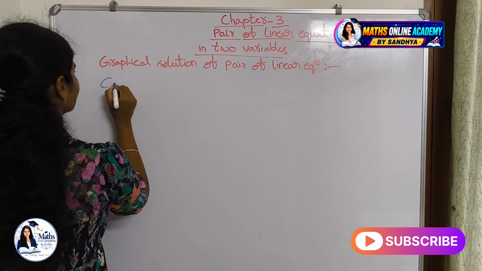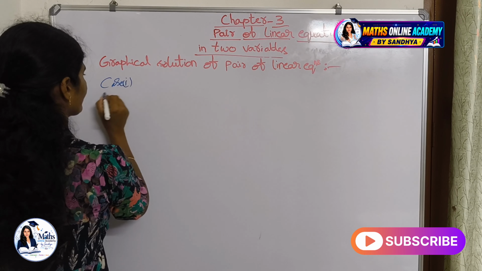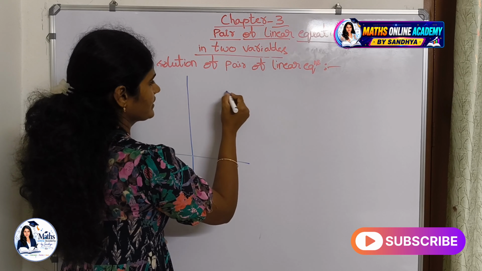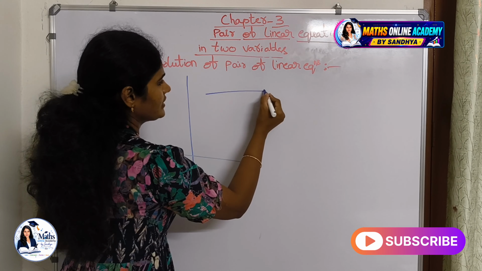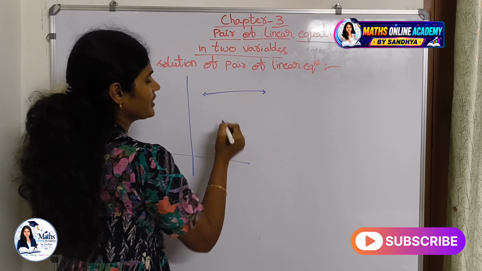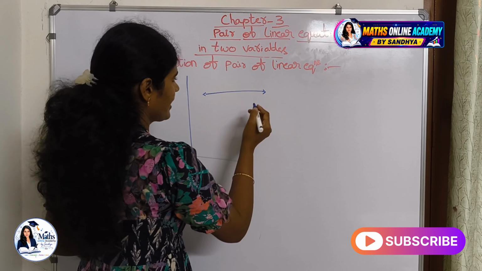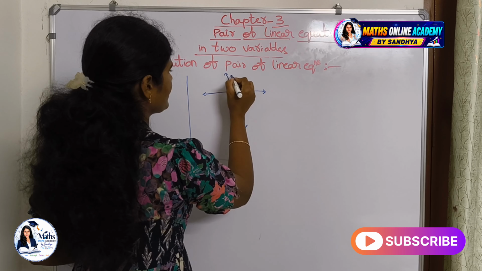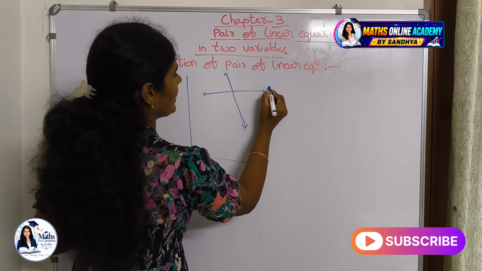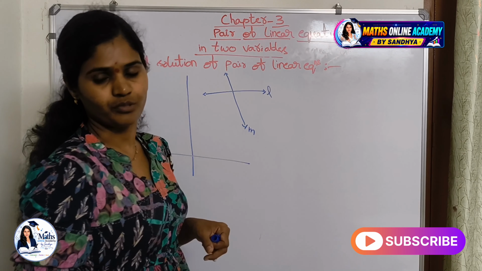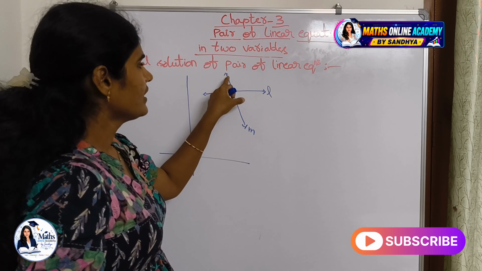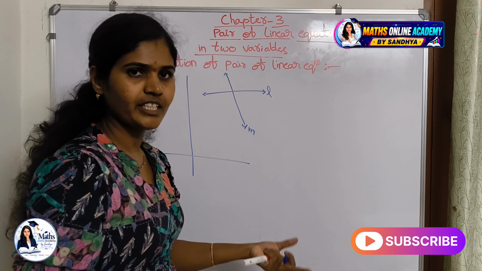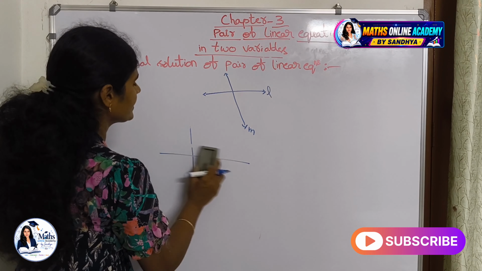Case 1. This is the graph. For example, this is one graph for the first linear equation, and one more is like this. Okay, this is L, this is M. This is the graph of the first equation, this is the graph of the second equation. So what happened here?